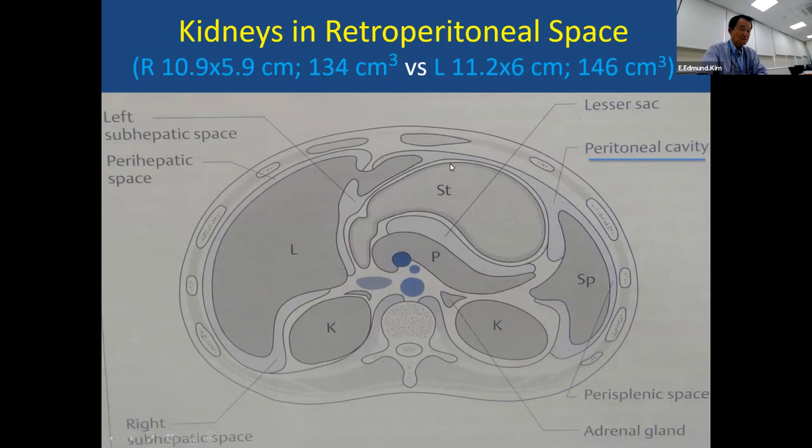If you have a certain disease with peritoneal seeding, you will see nodules around the liver and around this, which is called the lesser sac, this is called the subhepatic space, and this is the perisplenic space.